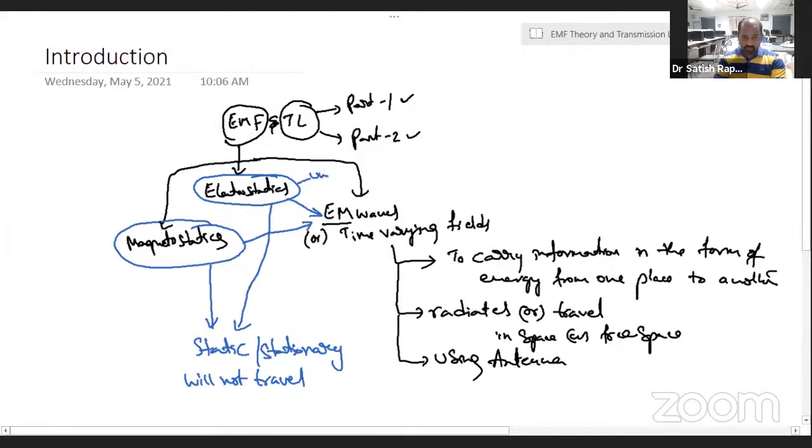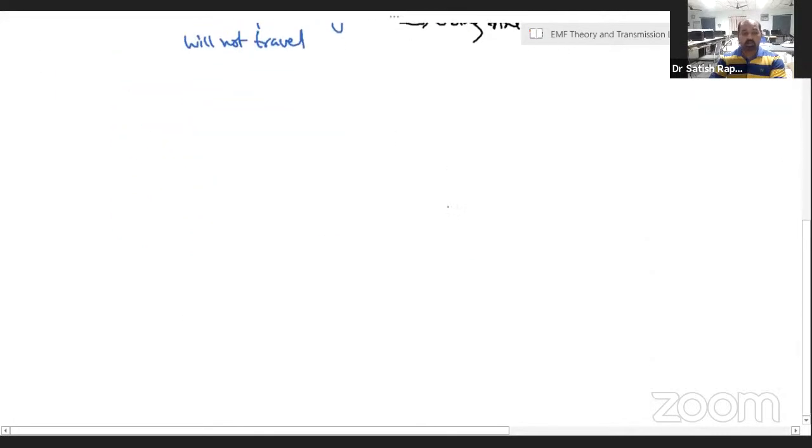So this is unit 3, and this is unit 4, and this one is unit 5 as per the syllabus.